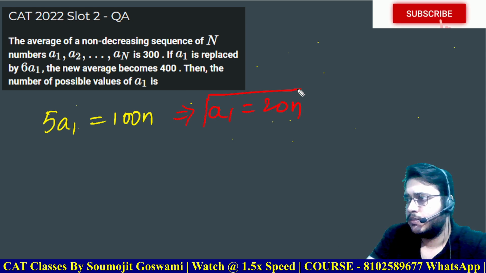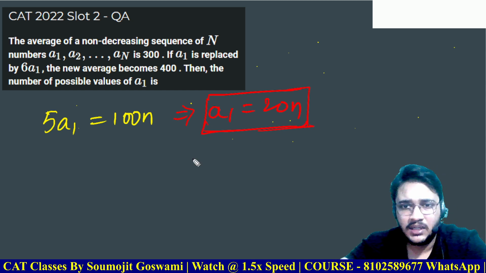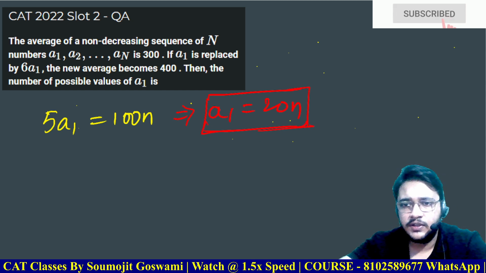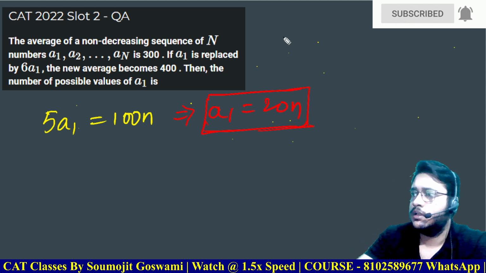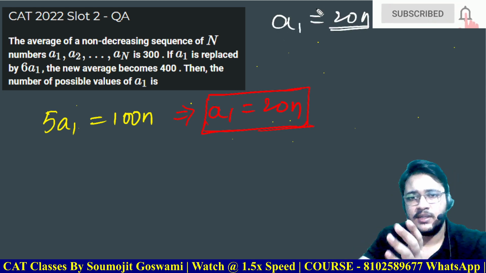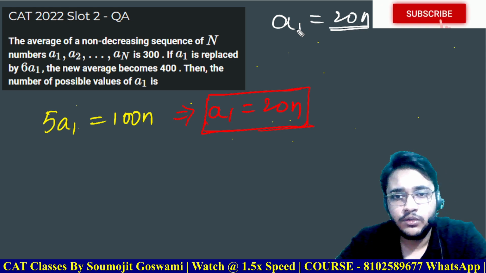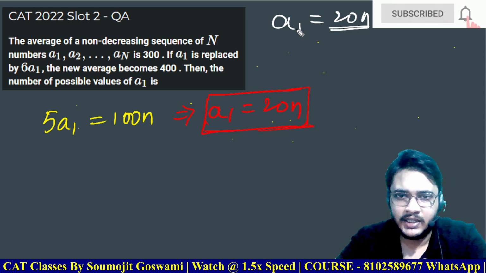Now this is very important. This basically tells you the value of the first term. Okay, the value of the first term, a1 is 20n, also means that all the other terms, the a2, a3, a4, a5, can also be 20n or a little more than 20n.